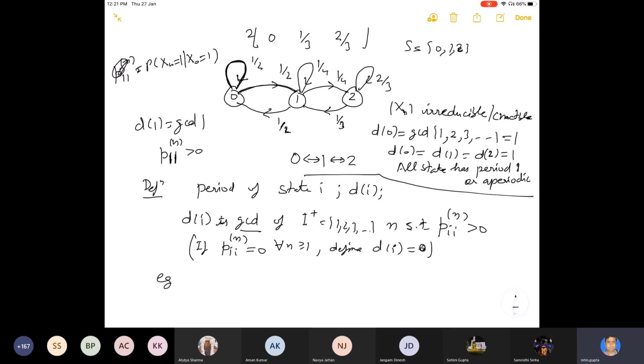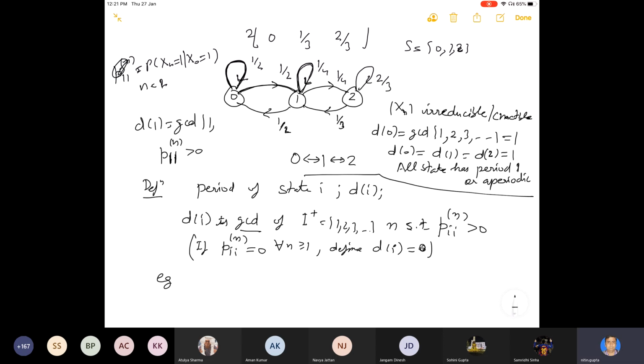For each value of n, I will collect. Whether in one step it is possible, if I take n equal to 1, from 1 to 1, I can move in one step. Yes, with probability 1/4. So this is GCD of 1, comma. Whether in two steps it is possible.